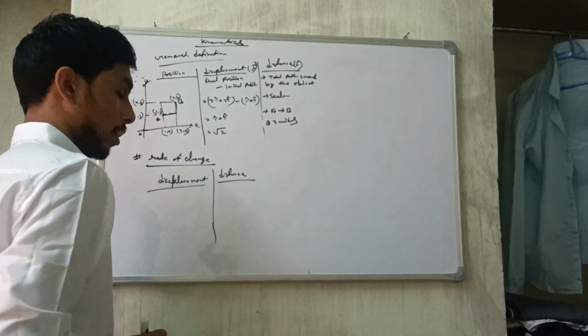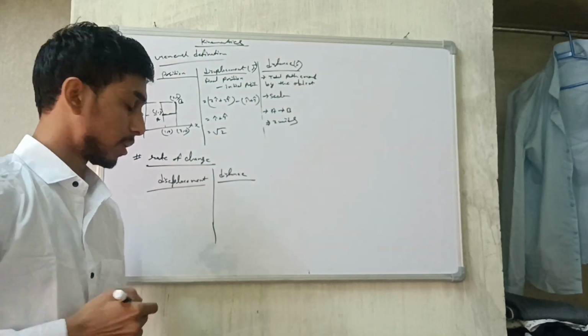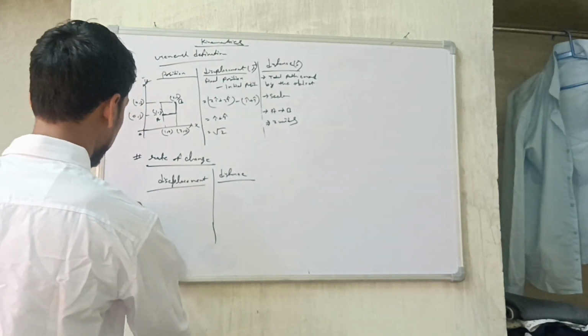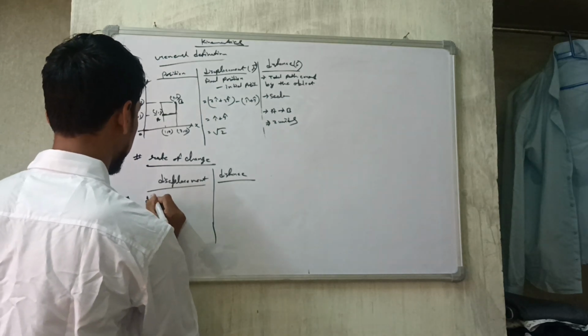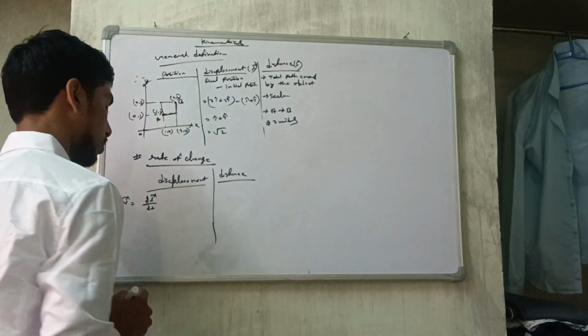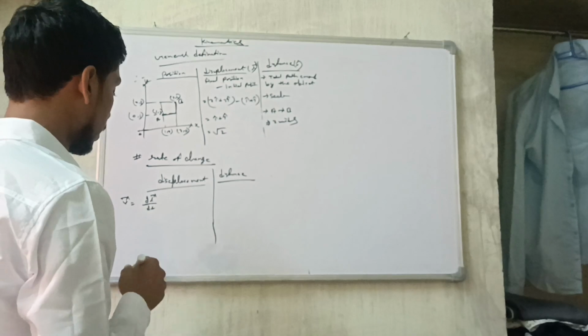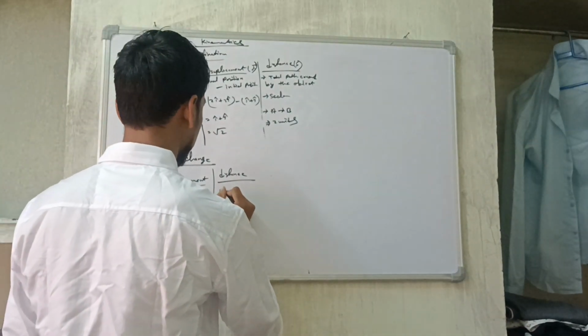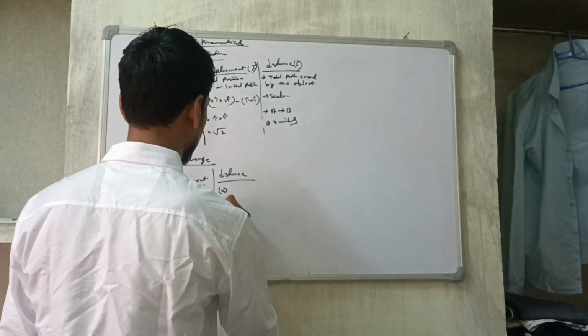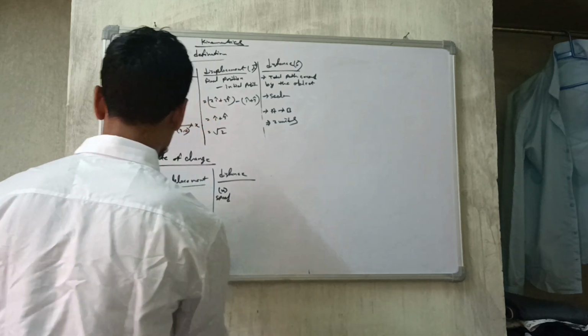What will be the rate of change of displacement? The rate of change of displacement with respect to time, dl by dt, will be velocity, and the rate of change of distance with respect to time is speed.